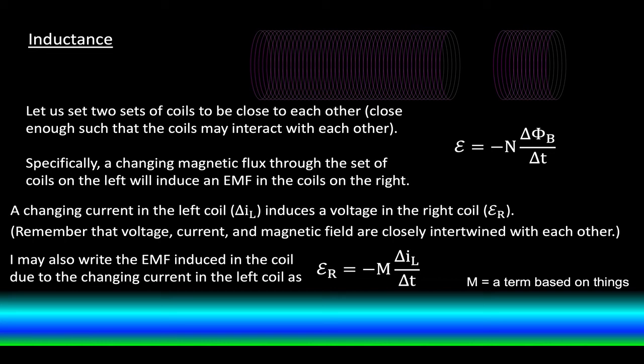So I'm intentionally being vague right now as to what is the nature of this term M, but what I'm trying to say is I could think of the voltage in the coil on the right being the result of a changing flux. Well, a changing flux is due to a changing magnetic field in this case, and a changing magnetic field is due to a changing current in the coil on the left. So I could just as well say the amount of voltage induced in the coil on the right is due to the changing current in the coil on the left.